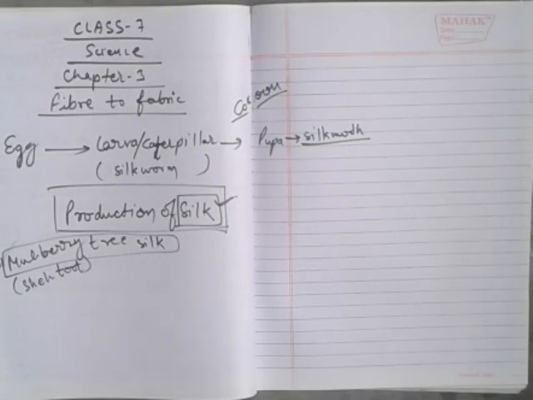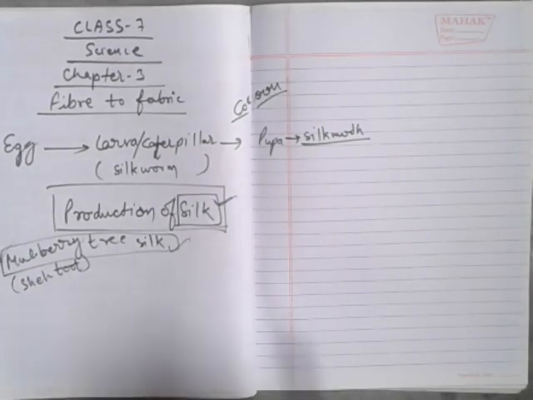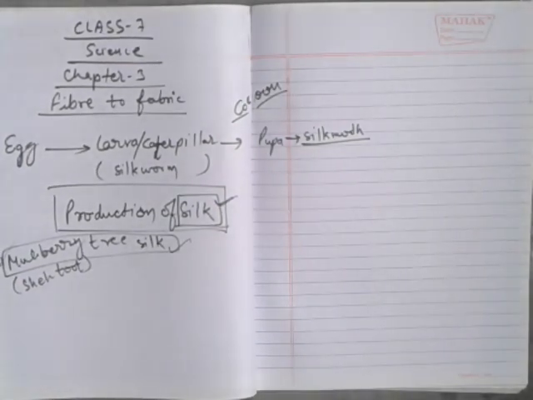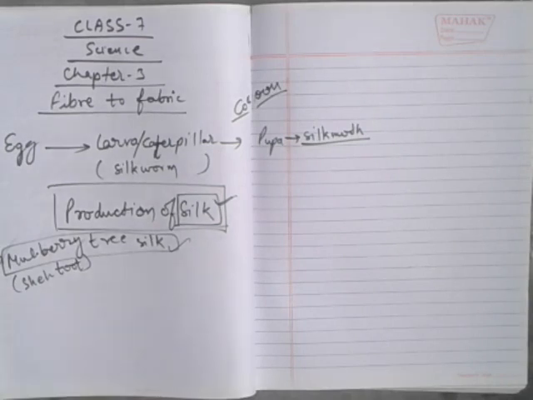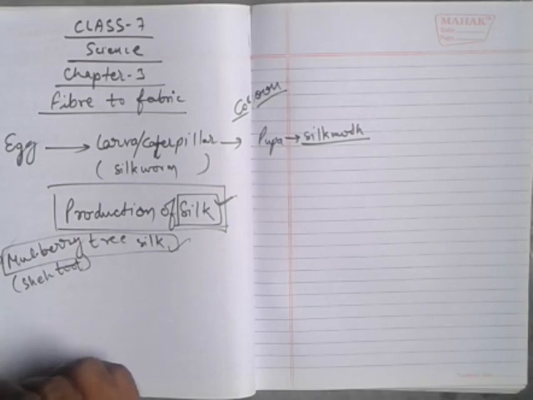So let us describe how we obtain the common variety of silk in large quantity, and what steps we should follow for this production.